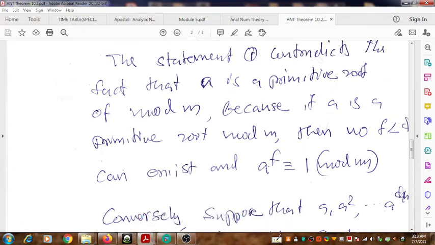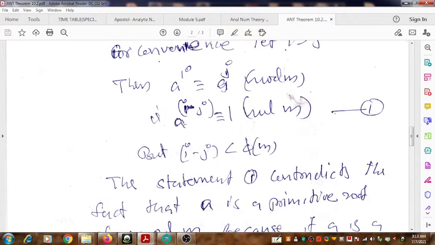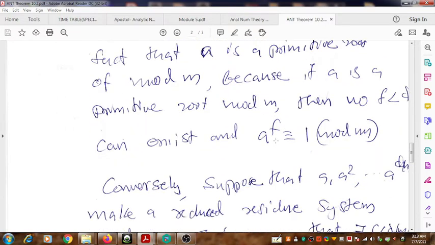But here i minus j is a number less than phi(m) that satisfies the condition a raised to i minus j is congruent to 1 mod m. So these two situations cannot go together.